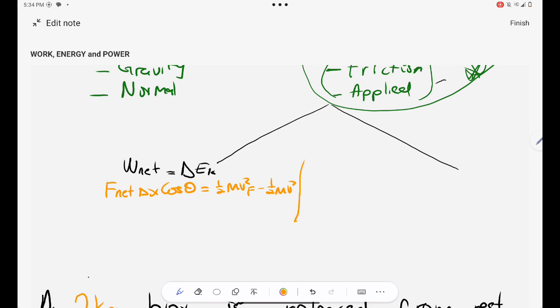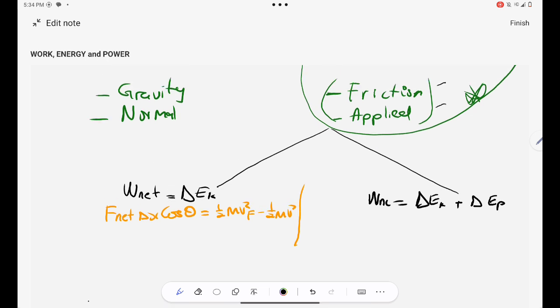And then there is another tool we use. We can use the work done by non-conservative forces. Work done by non-conservative forces is equal to the change in kinetic energy plus the change in potential energy. The only non-conservative forces we deal with in grade 12 are the applied force and the frictional force.